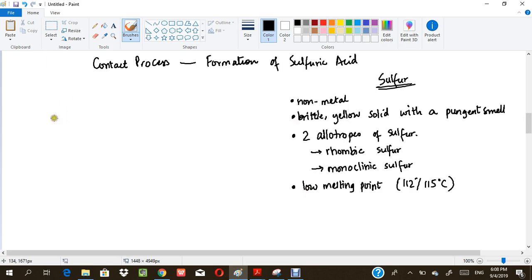One thing we need to know is that sulfur is primarily present in the ground in two forms. It is either present in an uncombined form, that is, it is found native in the Earth's crust. What do we mean when we say that something is found native? It means that it's uncombined with other elements. The second primary source of sulfur is alongside fossil fuels.